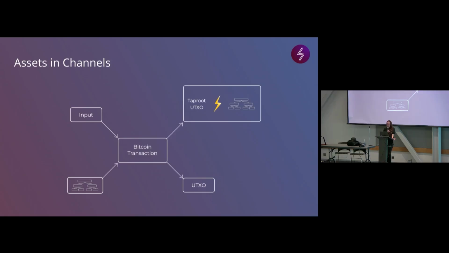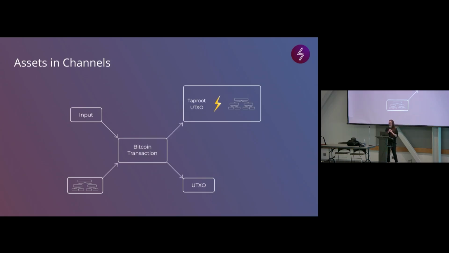So this is a Taproot channel because we have to make use of Taproot in order to use Taproot assets. Alice opens this channel, using a UTXO as an input that has Taproot assets in it, and then creates that output, which is the Lightning channel with Bob that has both Satoshis and that Merkle tree data structure embedded in there that holds the assets. Cool.